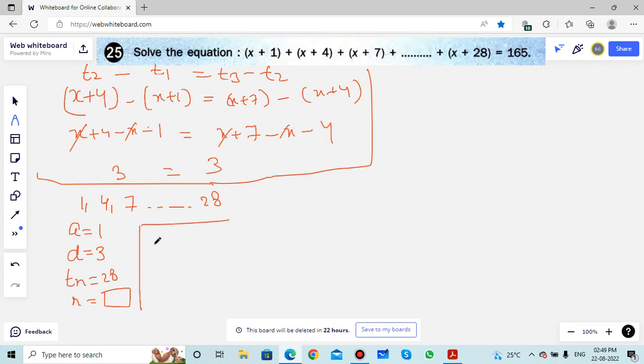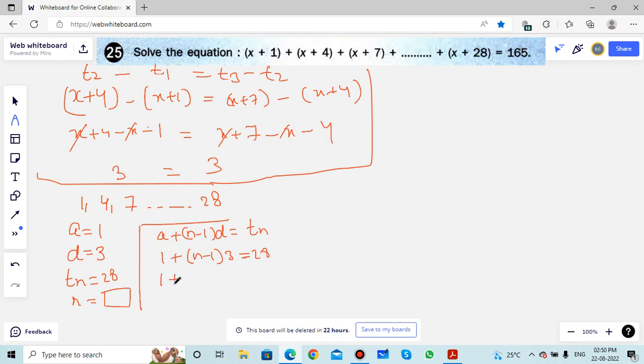So what will that be? a plus n minus 1 d is equal to tn. So a is 1, plus n we do not know, d is 3, is equal to tn, which is 28. Fine. Solve it here.